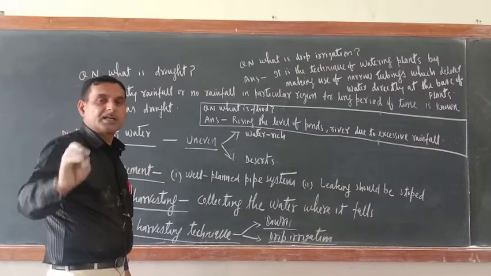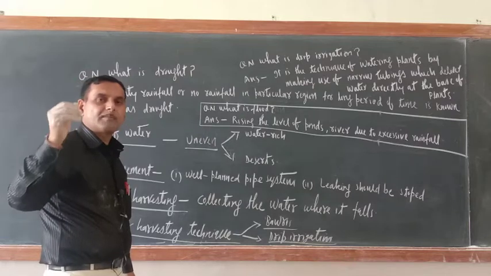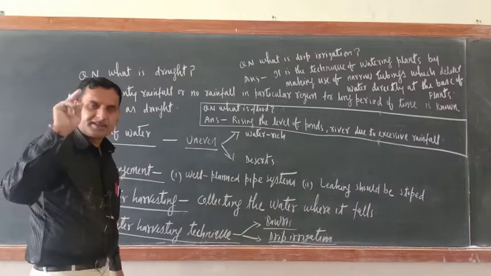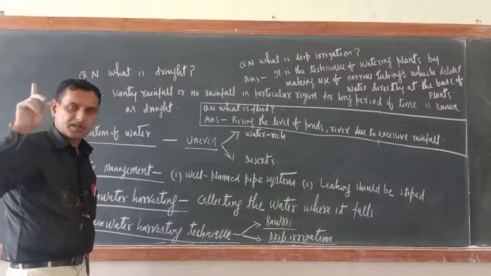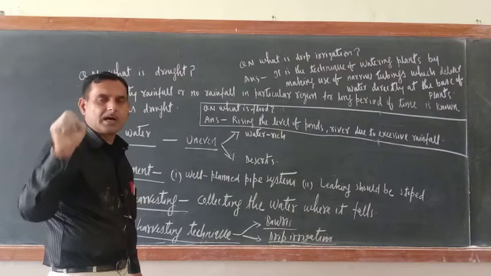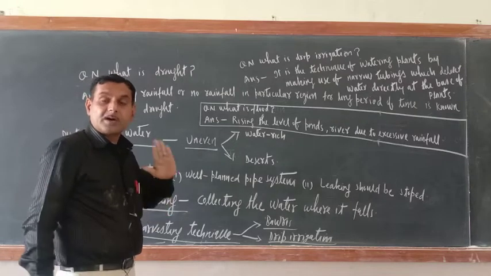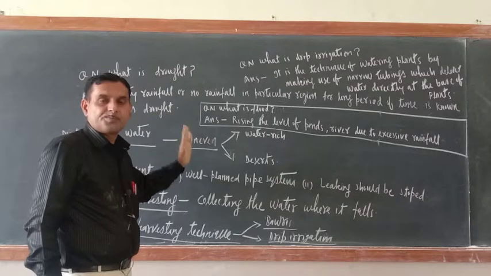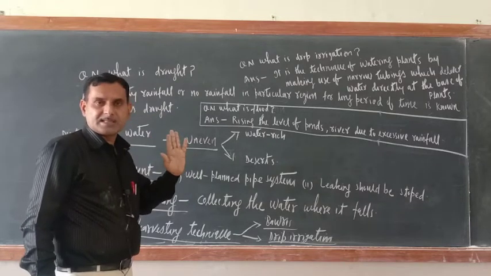Being a vast area, in some places of India almost every year there is a drought-like situation. There is one district in India, situated in Odisha. What is the name of that district? Kalahandi. There, for so many years a drought-like situation was there. People were migrating in mass.